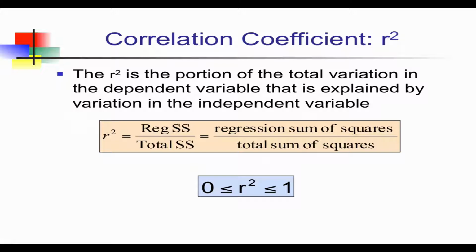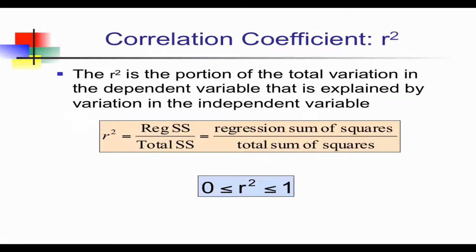R squared is a value bounded between 0 and 1. Afterwards, we talk about the relationship between R squared and the Pearson correlation coefficient. The Pearson correlation coefficient is the square root of R squared.